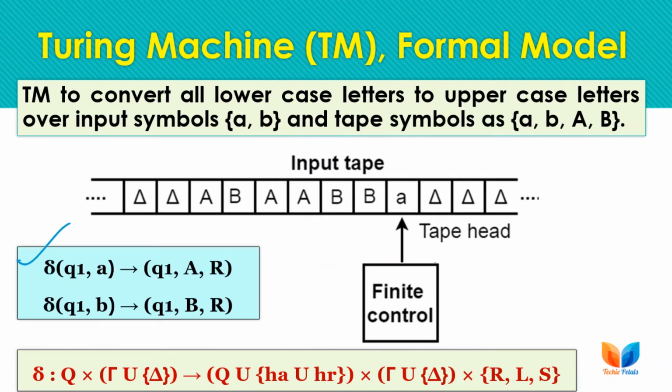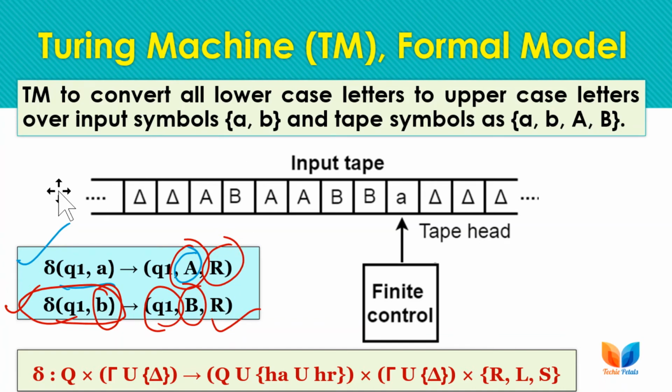From Q1, after reading a, Q1 is the state from where we are reading a, and we move to the same state Q1, replacing the lowercase a with the capital A, and the next symbol to be read is from the right. In the same way for b, we are at Q1 reading the symbol b and moving to Q1, replacing this lowercase b with the capital B, and the next symbol to be read is from the right.